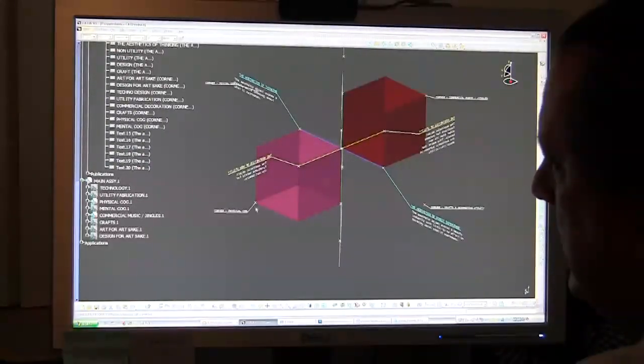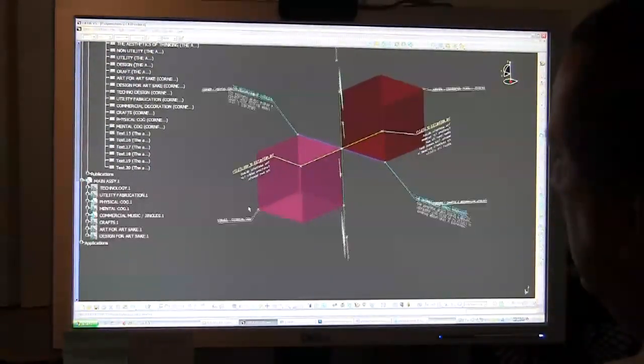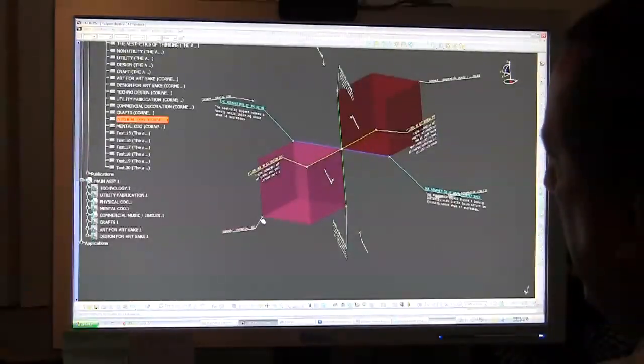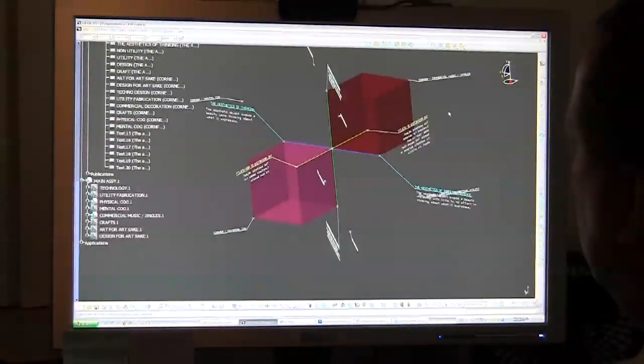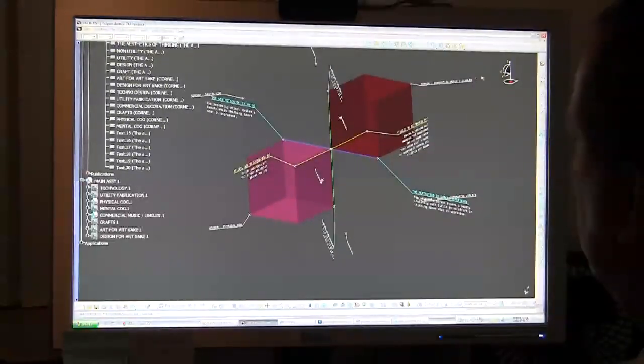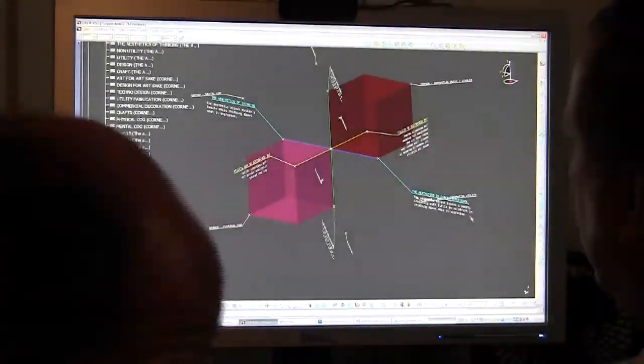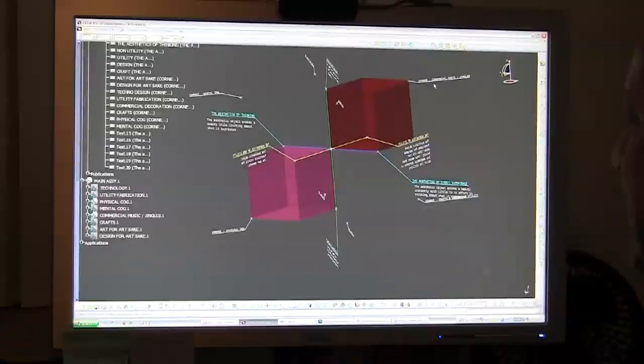Because that deals with craft and non-utility and thinking. And this jingles is direct experience, design. We're talking about the composer of jingles. Design, direct experience, and utility.